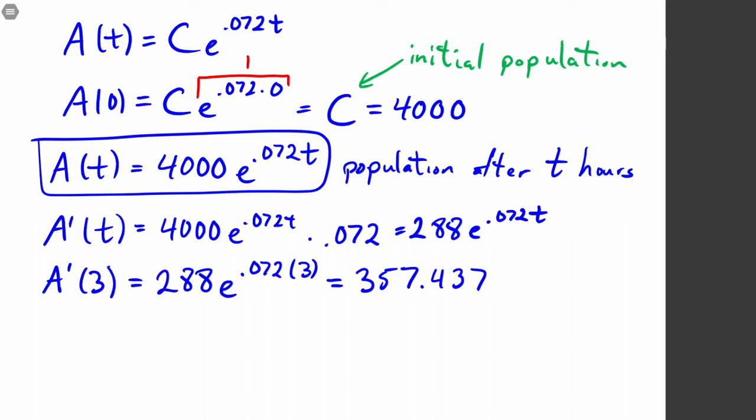What does this mean in terms of the rate of growth? What does this 357 tell us?